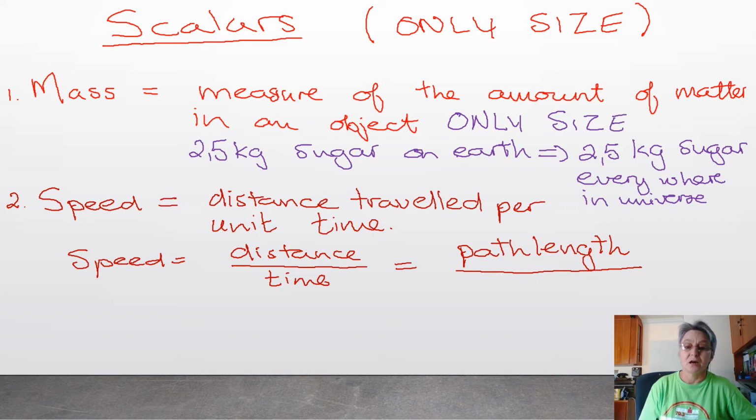That time has only size. There is no direction connected to size. There is also no direction to path length. So path length is also a scalar. No direction connected to time, so it is a scalar.